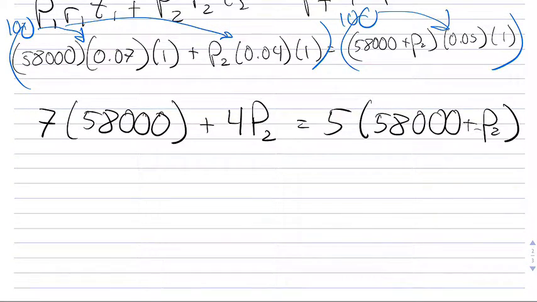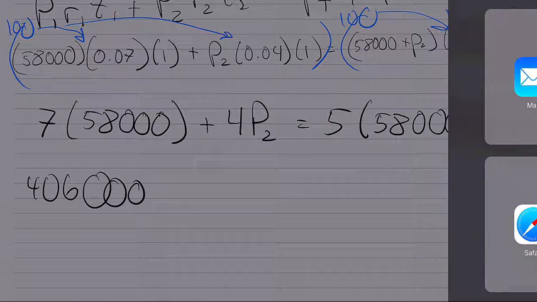So on the left, we got the 7 times 58. Let's see, that's 0, 0, 0. 7 and 8, 49, 56, carry the 5, 35. I think that's 406. I'm assuming these numbers are correct. Let me pull up the calculator.